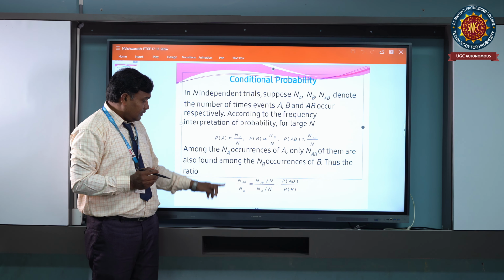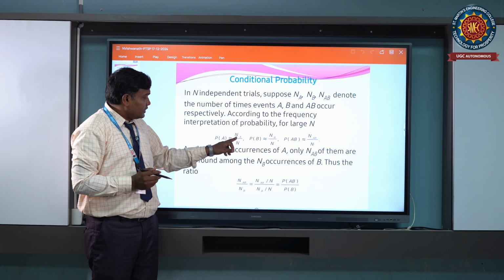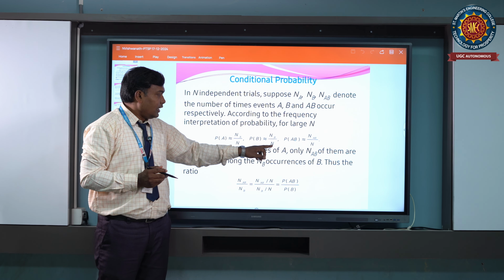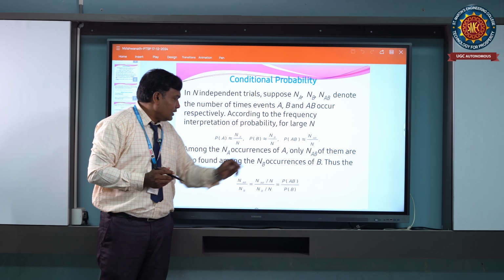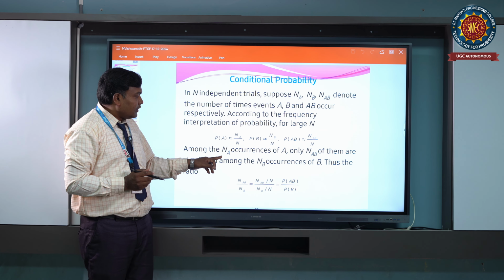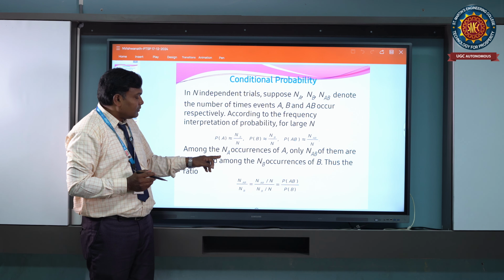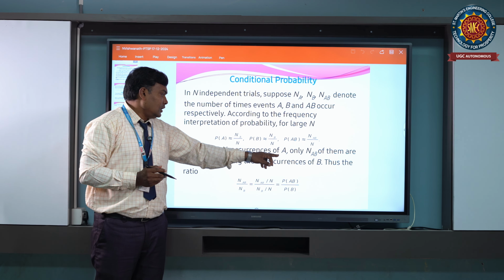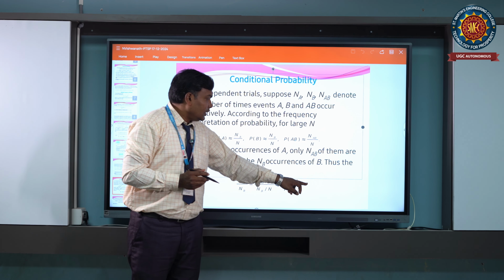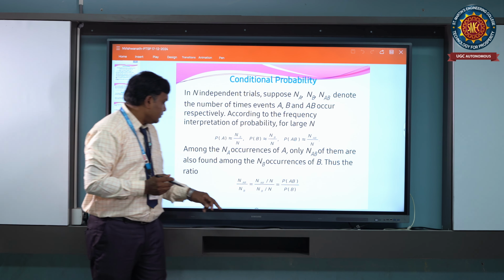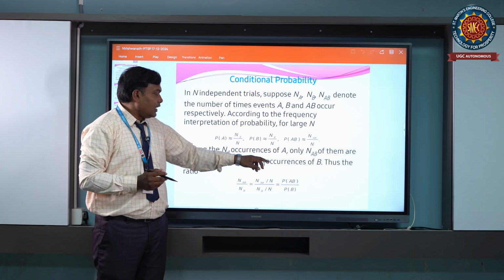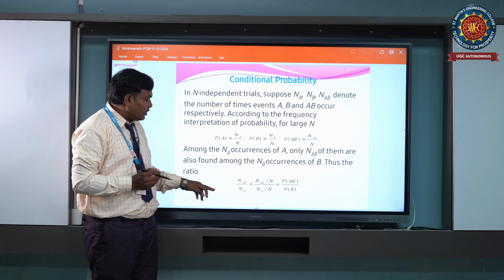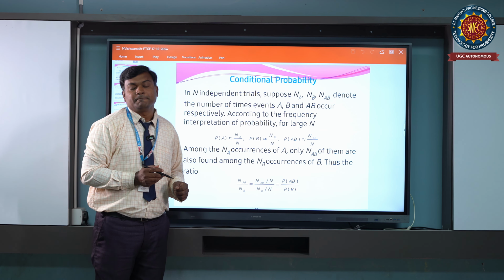The probability of A is NA by N, the probability of B is NB by N, and the probability of AB is NAB by N. Now, conditional probability is the ratio of NAB by NB.